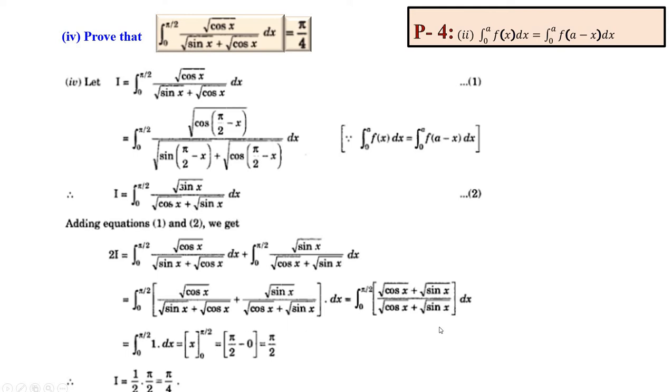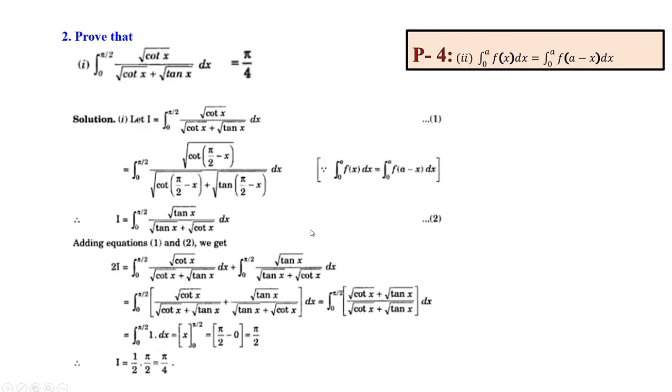When we take LCM, this is what we get, and cancelling these two, we are left with just 1 as the integrand. Integration gives you x between the limits 0 and pi by 2, upper limit pi by 2, lower limit 0, so pi by 2. So you have 2I again to be pi by 2. Therefore, I is equal to pi by 4, similar to the previous problems.